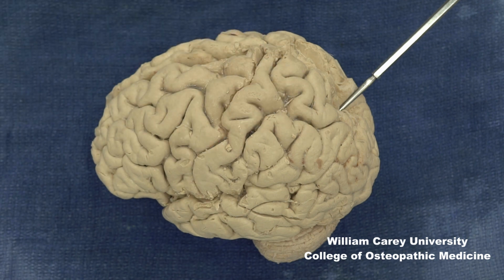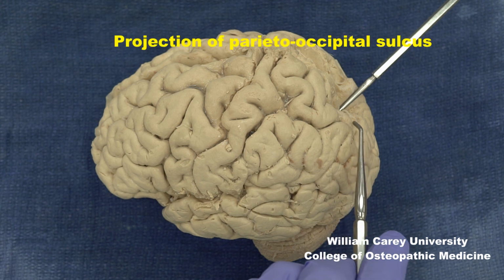We then find the pre-occipital notch. Here's the pre-occipital notch, and we connect it with an imaginary line to the projection of the parietal occipital sulcus.